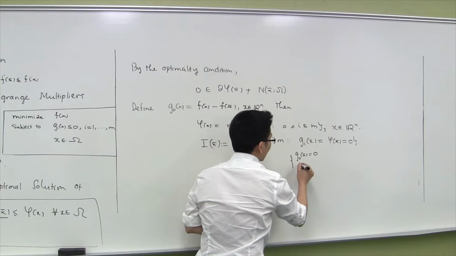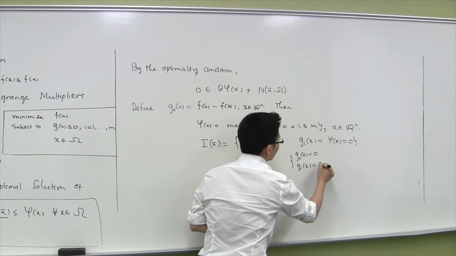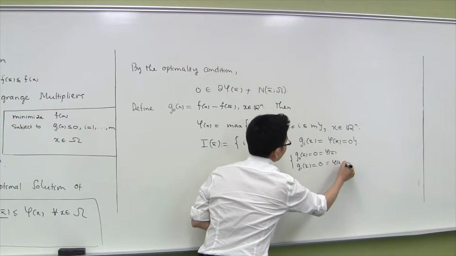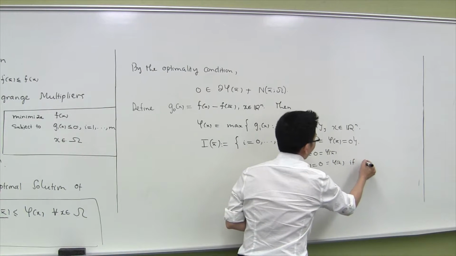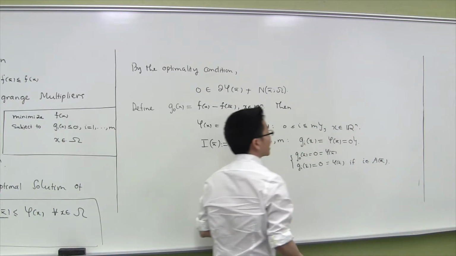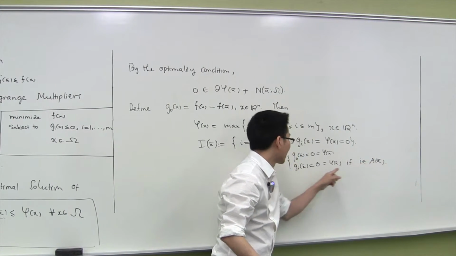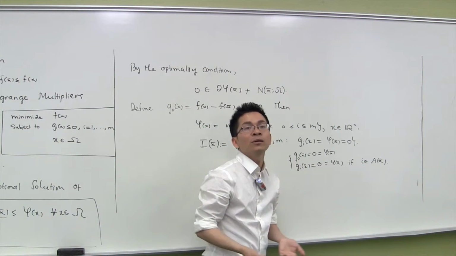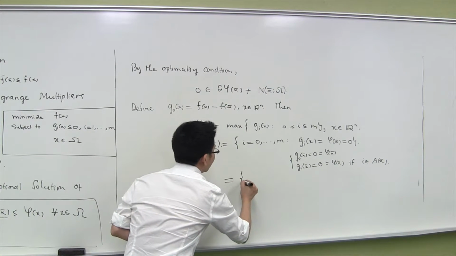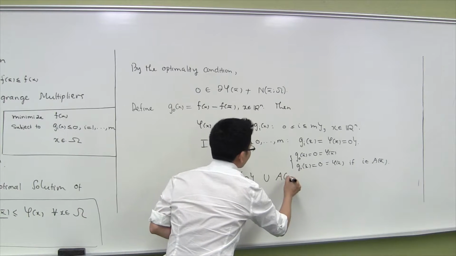And we also see that g_i of x bar is also 0 if i is in the set A of x bar, because if i is in the set A of x bar, then g_i of x bar is 0 by its definition. So the set I of x bar here is just 0 union with A of x bar.